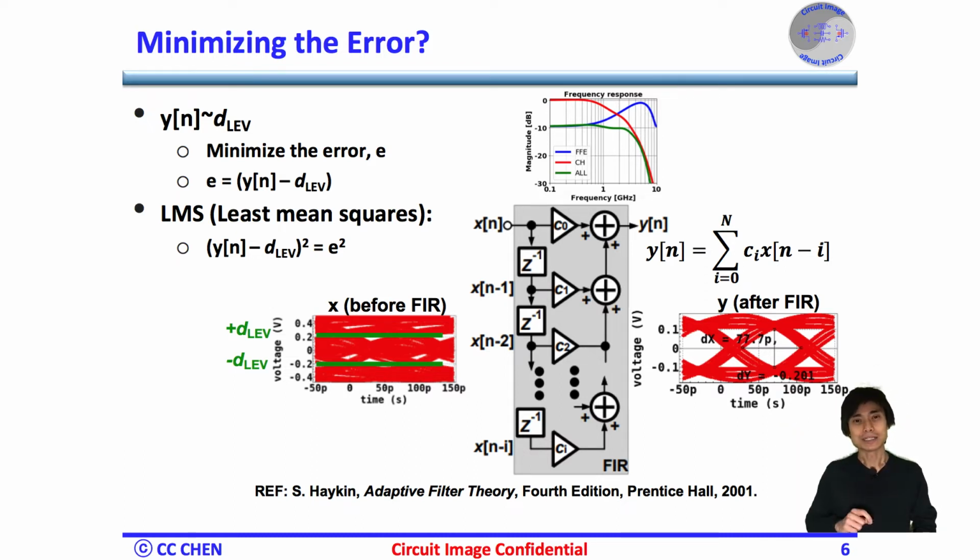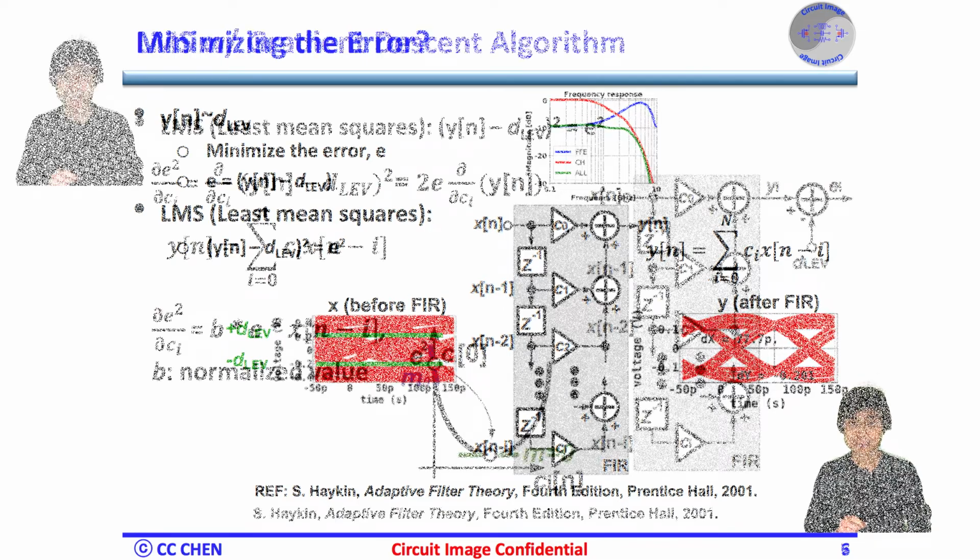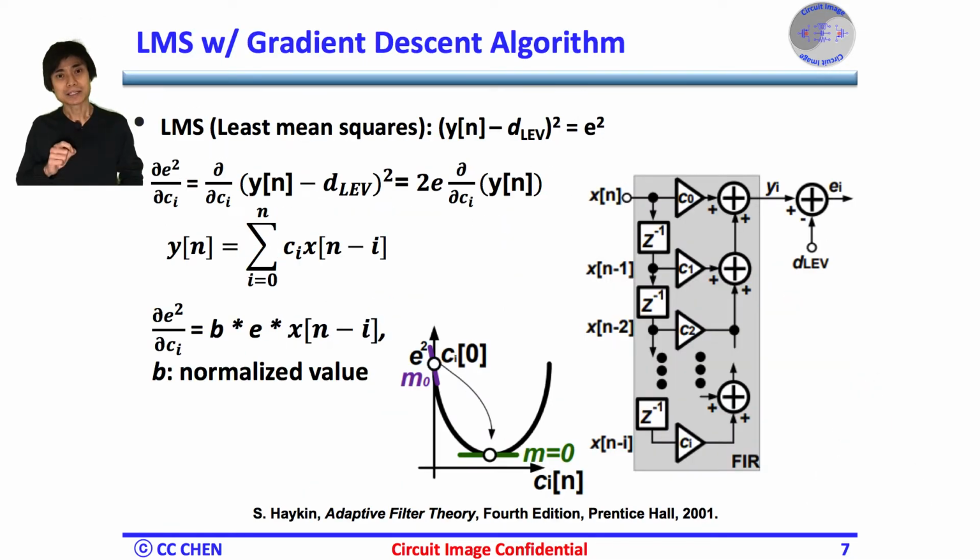Assume the input is coming from the FIR filter, which consists of a linear combination of several taps. Please be advised that FIR is the main exercise. We don't really focus on how the ISI shape is equalized here. The plot here shows one of the FIR equation applications. The concept of the LMS is straightforward, but we need an algorithm to find the local minima of a differentiable cost function.